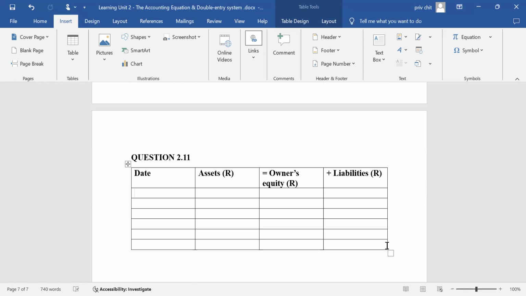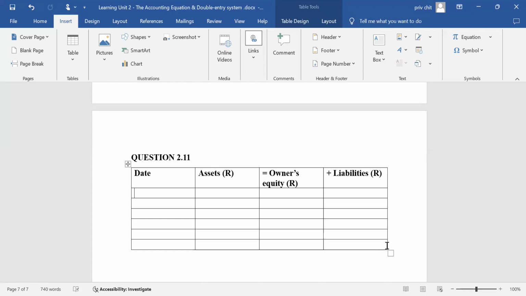Question 2.11. The following are miscellaneous transactions for Redgrave Traders for January. The required part first, which is at the bottom. Show how the mentioned transactions will affect the accounting equation and enter how the accounts in the general ledger will be affected.